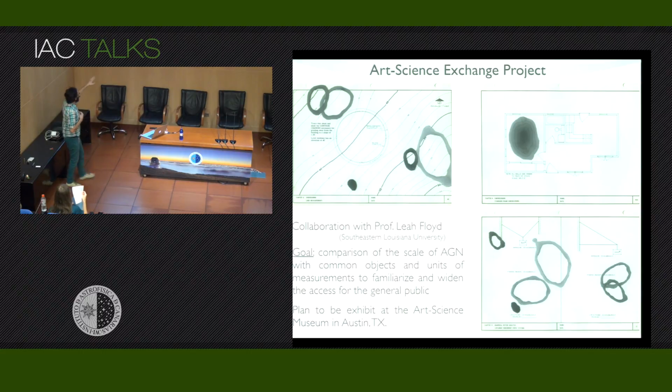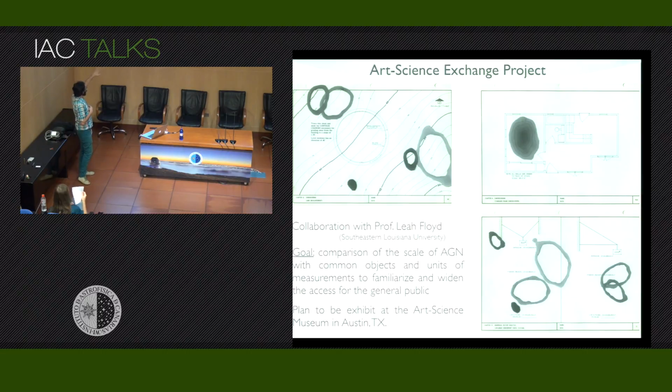So we want to use common objects, for example, a plane, the architecture of a house, or the contours of a mountain, and try to familiarize the scales of AGN with common objects to make it easier for people to understand the scales in the universe.